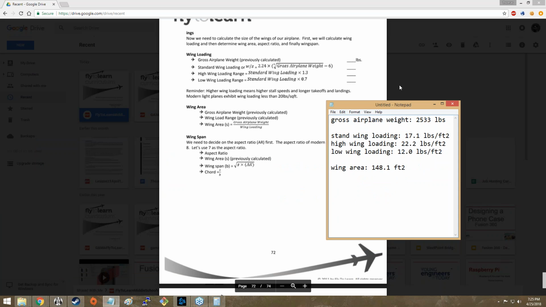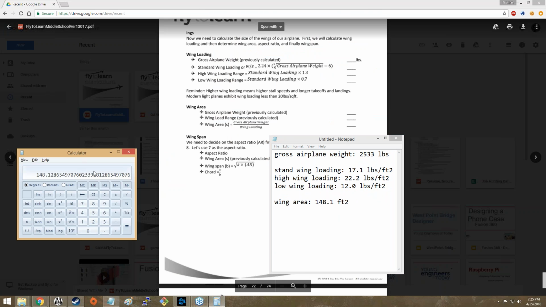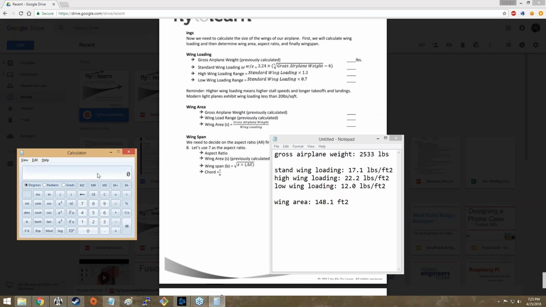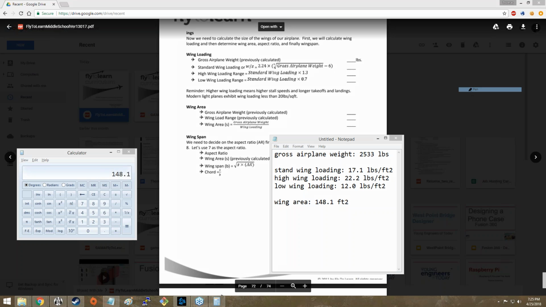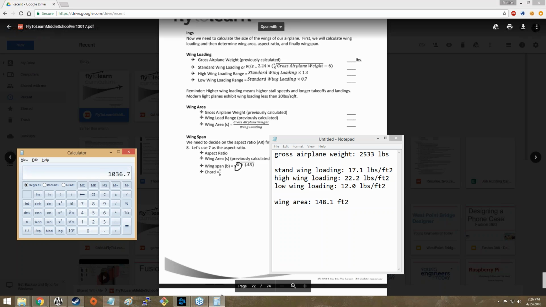So let's go ahead and calculate that. I know, it's tons of math, but it's not hard math either. It's just tons of math. So anyway, wingspan is going to be 148.1 because that is our wing area. Then it's going to be times the aspect ratio, so times 7, which gives us 1036.7. So we've got that whole area right there.